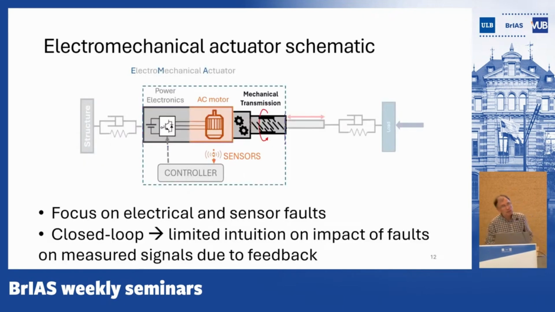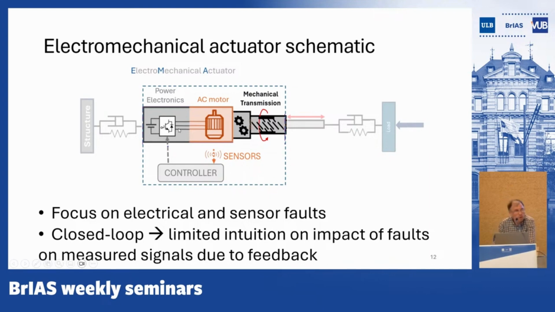So looking a bit more carefully at these electromechanical actuators, here is the way they are composed. They have mostly an electric motor, which is a permanent magnet synchronous motor in the case we will consider. This motor is driving a gearbox and a ball screw mechanism that induces the movement of the rod here.